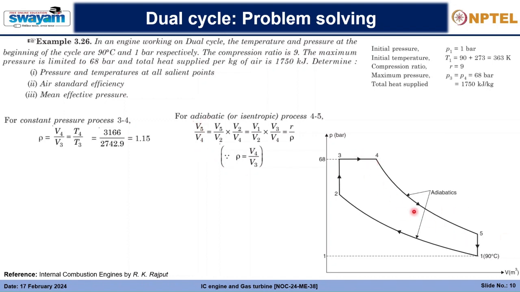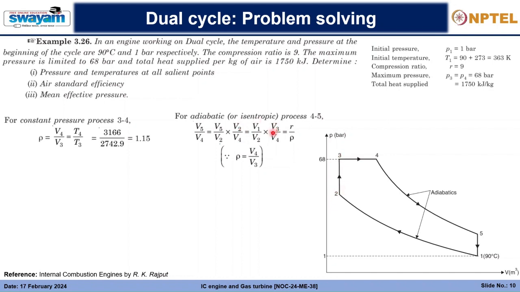That is the expansion ratio, and as I have already explained in the previous problem, we will manipulate the ratio a little bit. We introduce V2 in both. Now V5 can be replaced by V1 because this is the same volume, and V2 here can be replaced by V3.